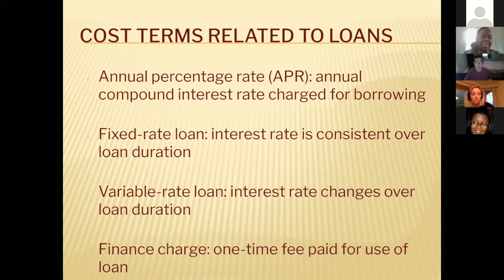So some terms related to loans: annual percentage rate, APR. You might see that on your credit card reports, for example. That is an annual compound interest rate that you're charged for borrowing.